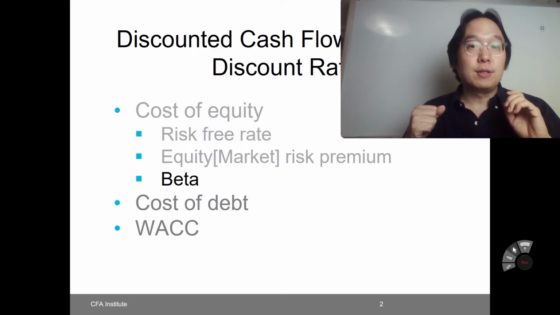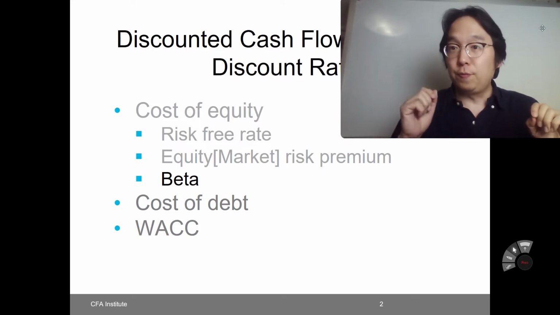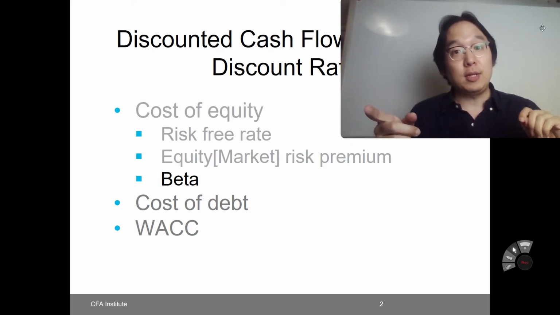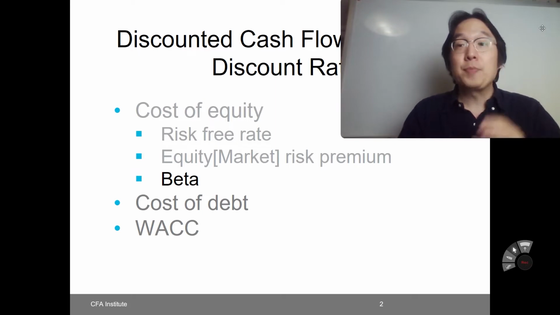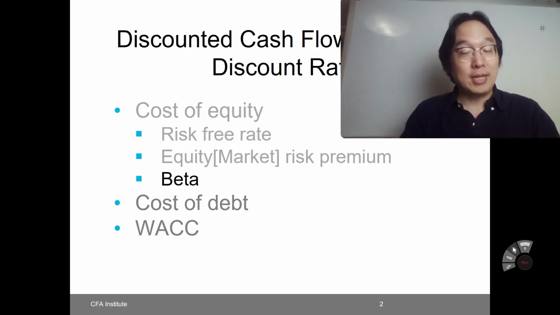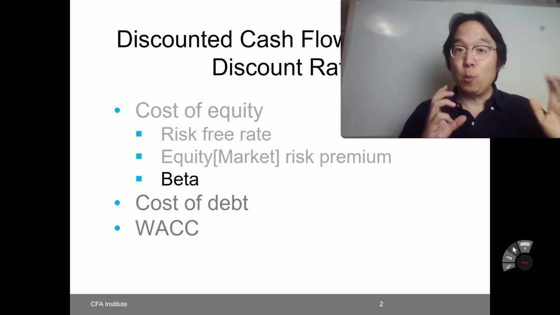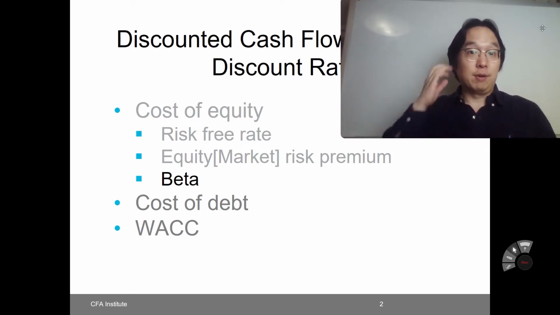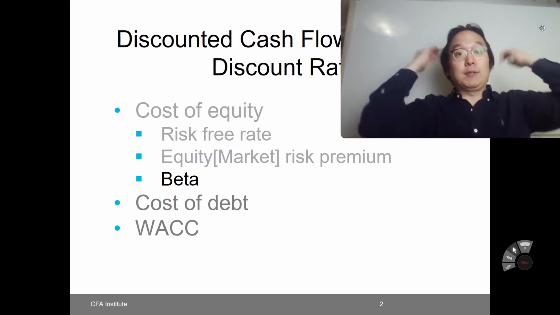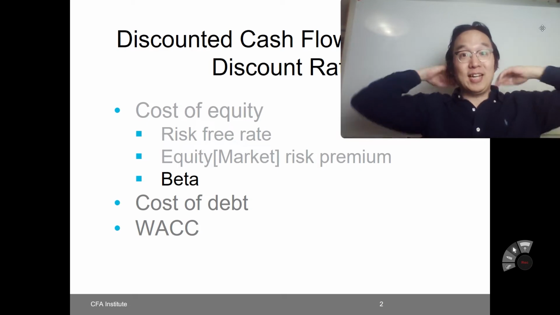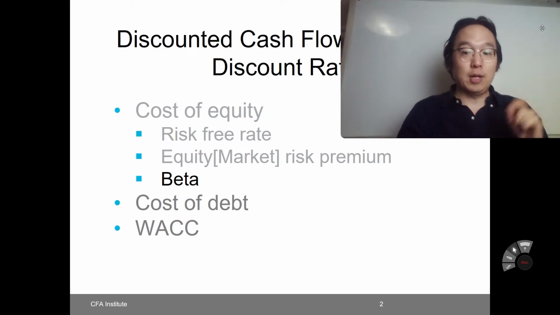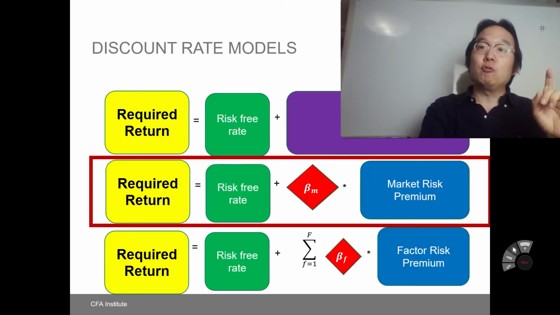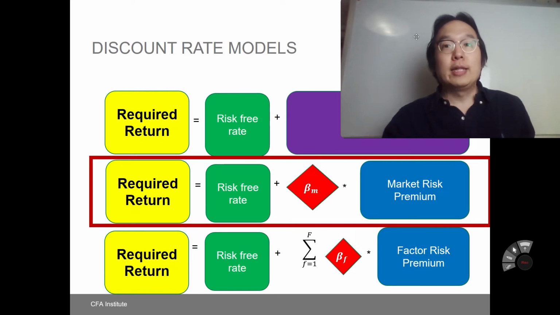For the cost of equity, you first have to start with the risk-free rate, and then the equity risk premium, and you have to multiply it by beta. So one by one, we are covering those things, right? Next week or the week after, we're going to talk about the cost of debt and weighted average cost of capital, so wait for that one. And then we'll move down to the free cash flow part.